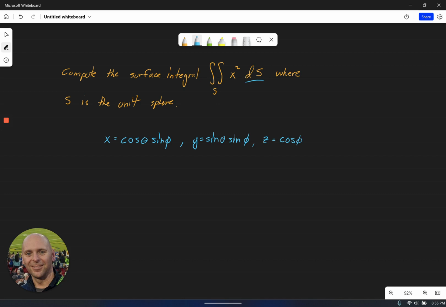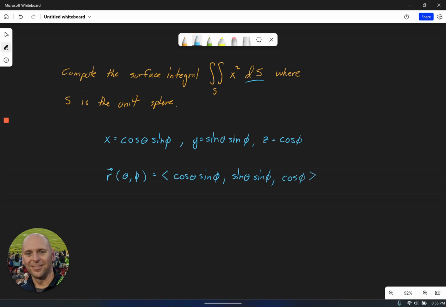So we can parametrize this surface, the unit sphere then, by making a vector r of theta and phi using these exact definitions. The x component is cosine theta sine phi. The y component is sine theta sine phi, and the z is our cosine phi.